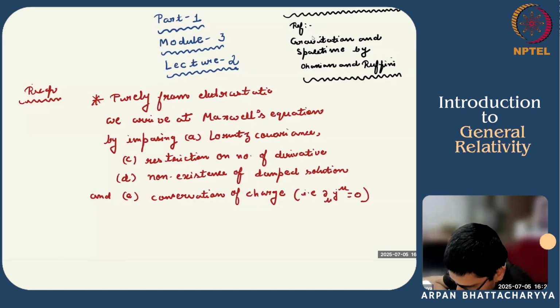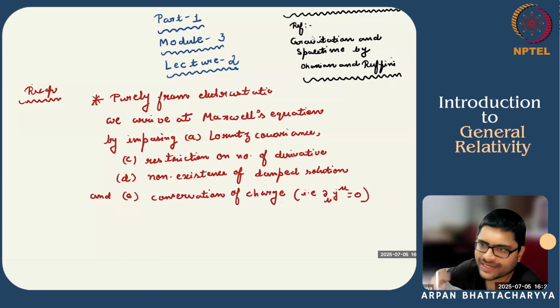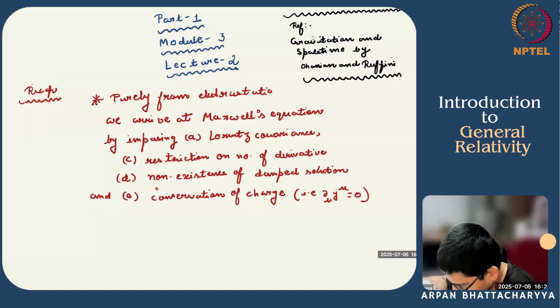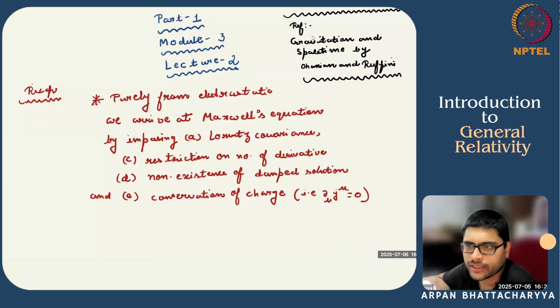In the previous lecture, we started from electrostatics, and then arrived at Maxwell's equations by imposing certain physical conditions. That is, Lorentz covariance, and a restriction on the number of derivatives in the equation of motion. The equation of motion has to be only second order in derivatives, both in space and time, and there are no exponentially growing or damped solutions, as well as no oscillatory solutions for a static charge distribution.